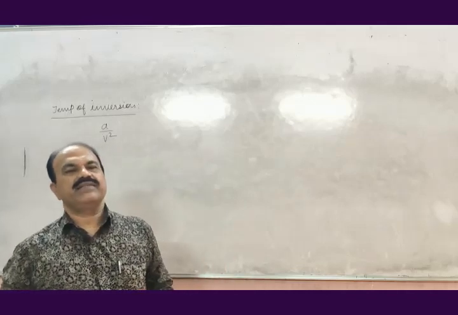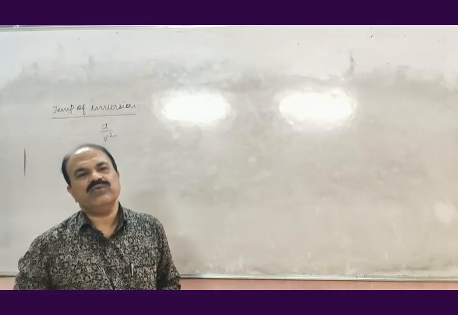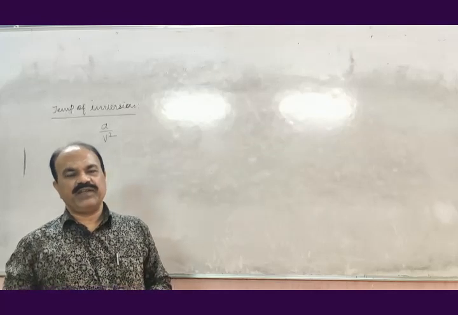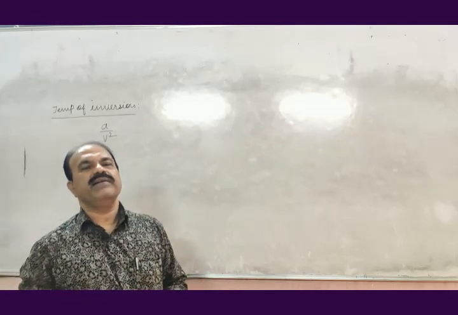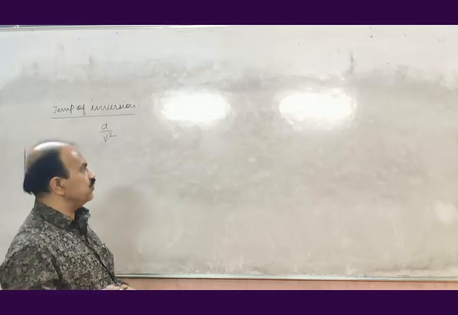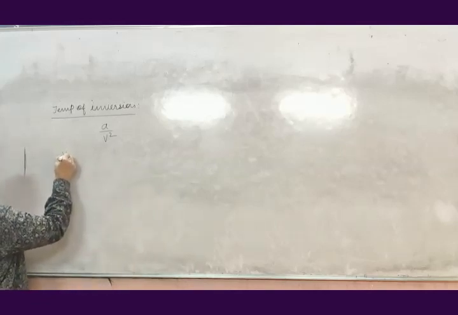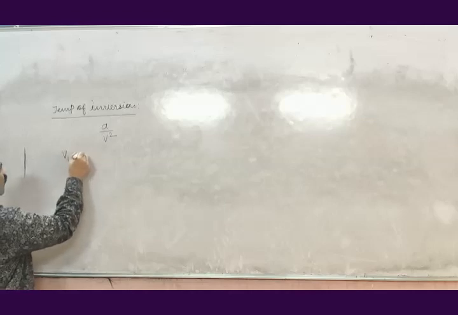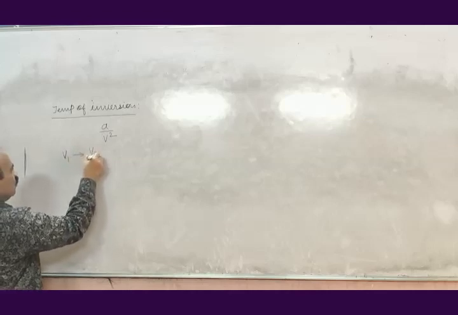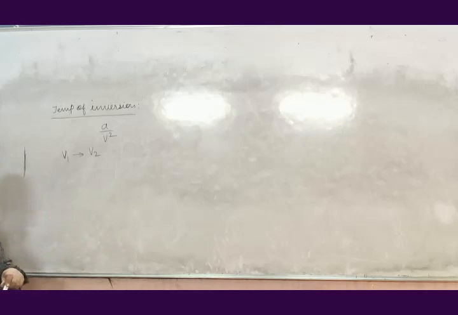Let us suppose that the initial volume of the gas is V1. You want to expand this volume to V2. You want to change the volume of the gas from a lower volume to a higher volume.